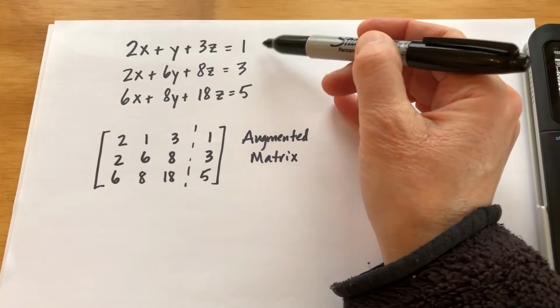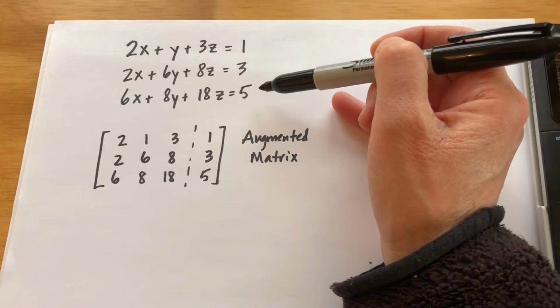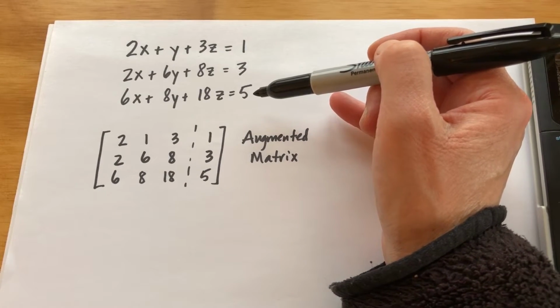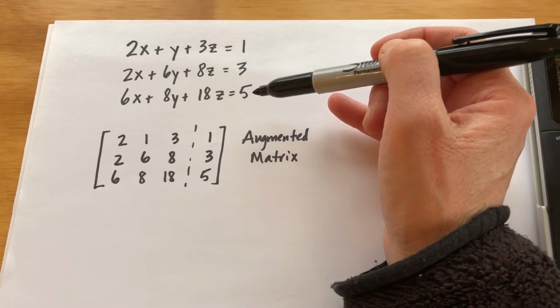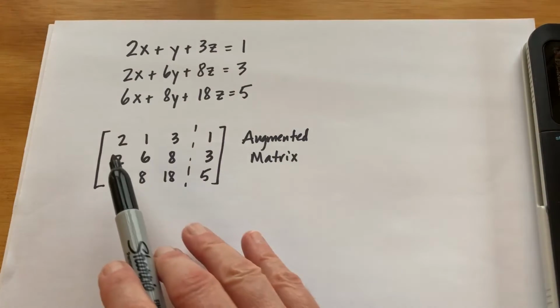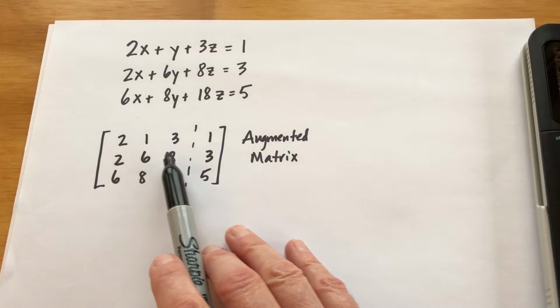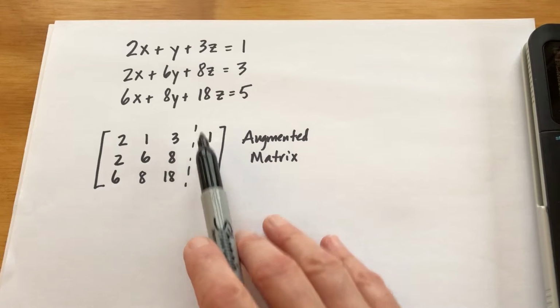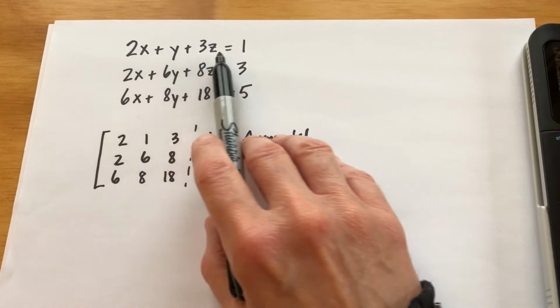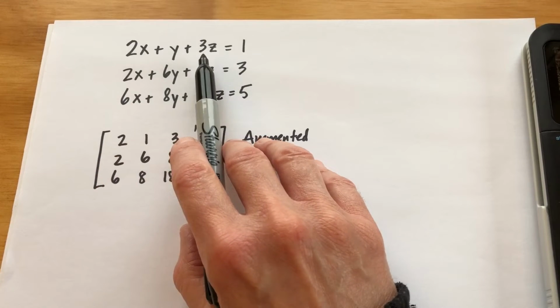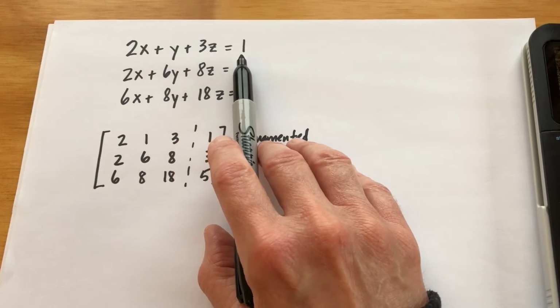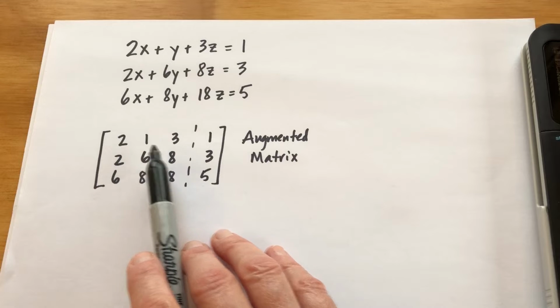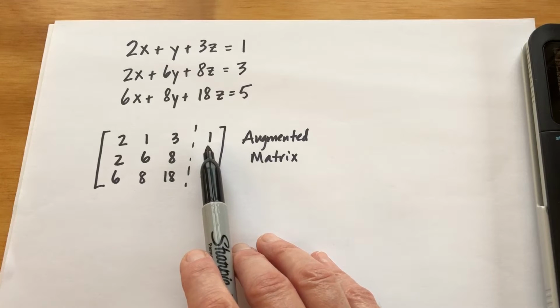So I'm going to rewrite this system in the form of a matrix. A matrix is just an array of numbers, and you'll notice the first row of my matrix corresponds with my first equation. 2x, 1y, 3z equals 1. We've got a 2, a 1, a 3, and a 1.